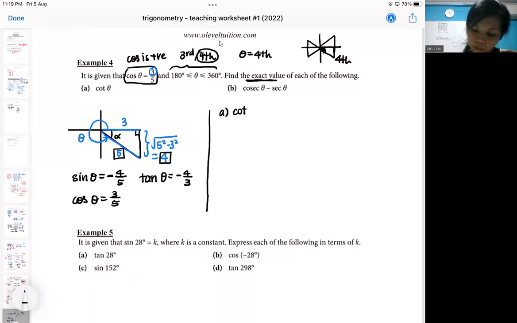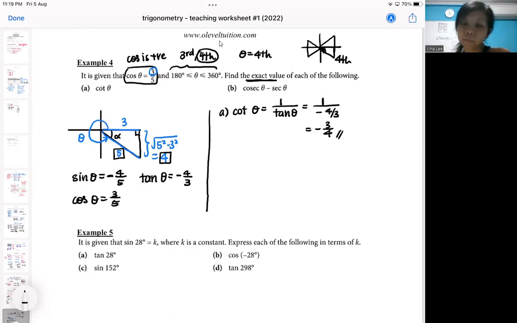So cotangent, according to the formula, is 1 over tangent theta, which is 1 over minus 4 over 3. You already got the tangent, so you just plug it in.